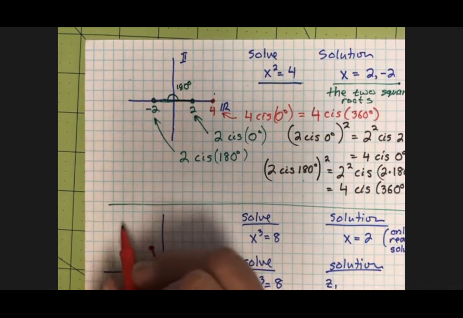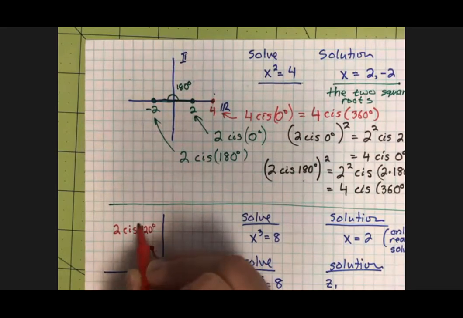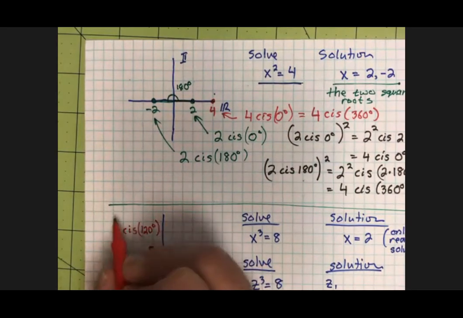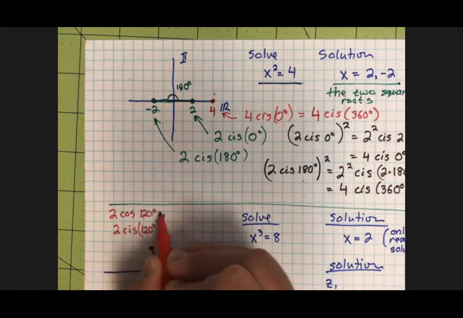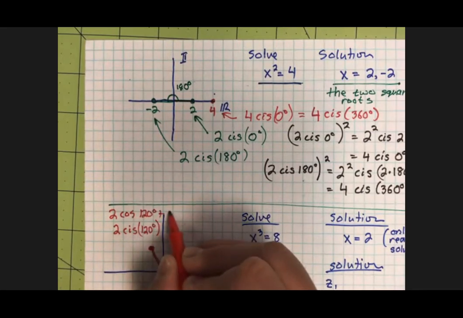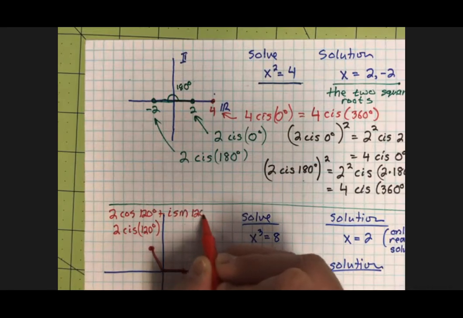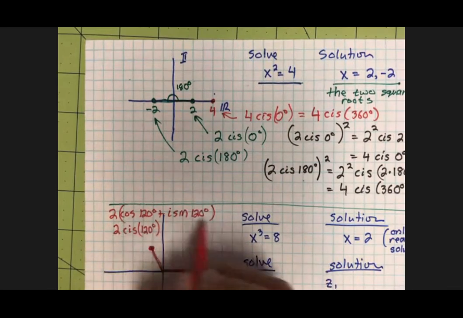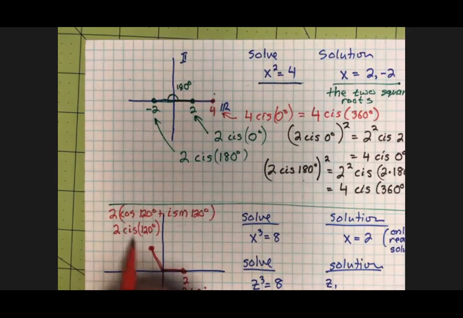So this would be 2 cis 120. Remember, that stands for 2 times cosine 120 plus I sine 120 in parentheses. That's the shorthand. What if I swung another 120 degrees? Well, I'd end up over here.